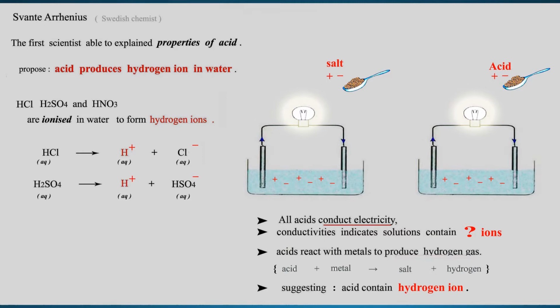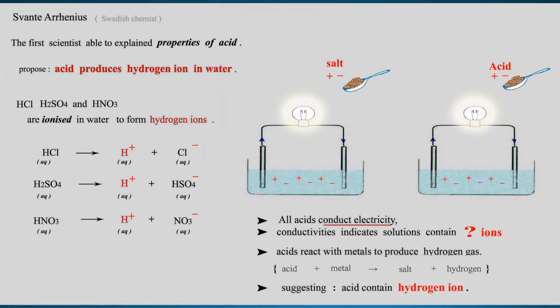Same as any other acid, H2SO4 becomes H plus and HSO4 minus. Same as HNO3, which becomes H plus and NO3 minus. And he named this process ionized in water.